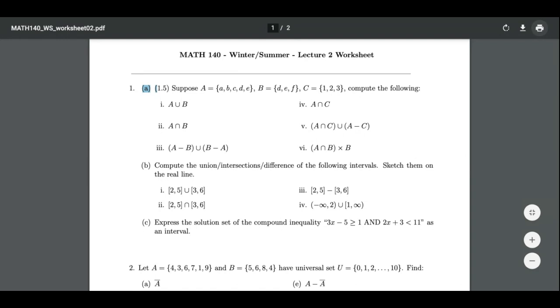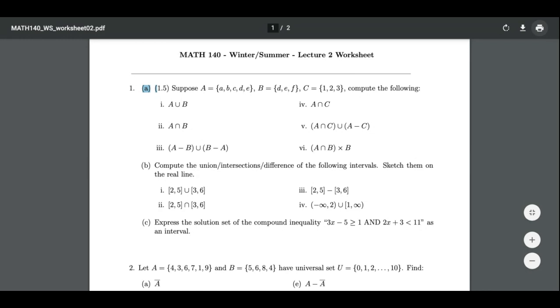Try to use the right notation. For a set, we use a capital letter. For an element, we use a lowercase letter. So A minus B equals {a, b, c}. Then what's B minus A? B minus A is {f}. So then we union these two sets: {a, b, c, f}. Great.